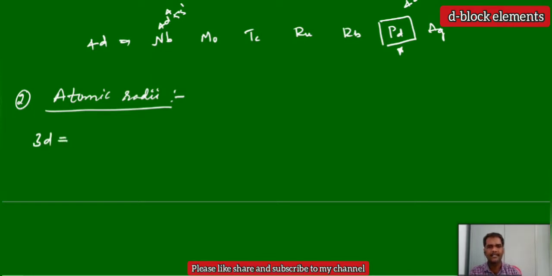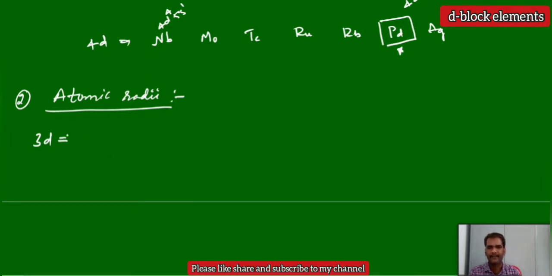And unlike the s and p blocks, in the physical properties you can see some abnormal behaviors in the d block. You cannot observe the regular properties. These abnormal changes are mainly due to the similar energy of the n-1 d orbital and the ns orbital. The energy values are almost the same. That is why they show some abnormal properties with respect to atomic radii, ionization energies, electron reduction potential values, and density values. Anyhow, we will see one by one.